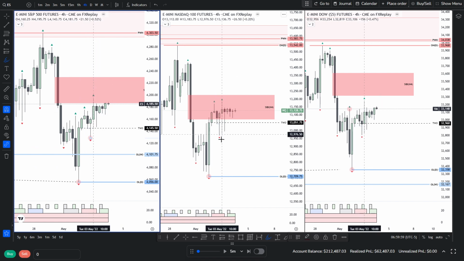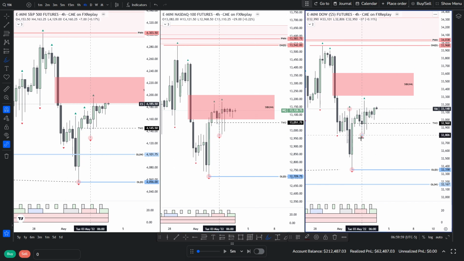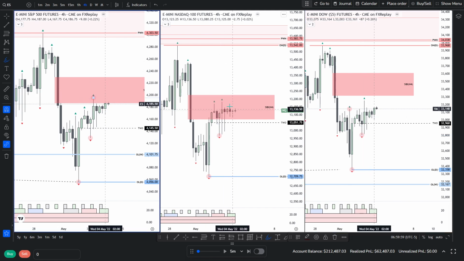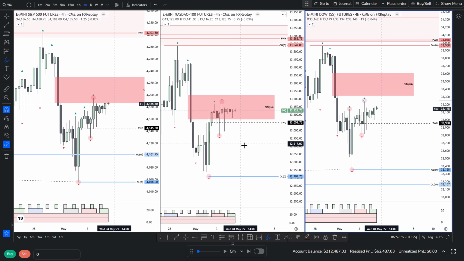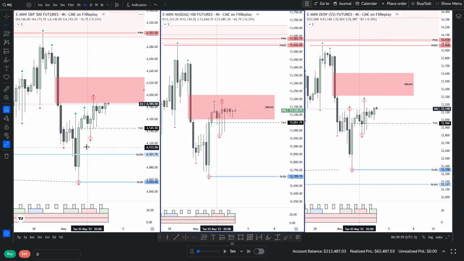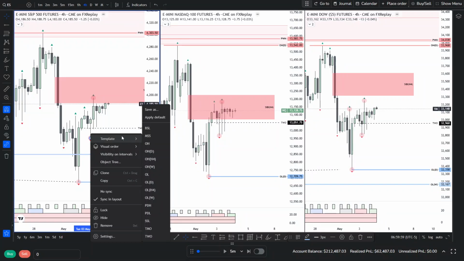Okay, so got this low here. Want to check the highs. And we got that high. That high. Okay. So now let's just reference these key price levels.